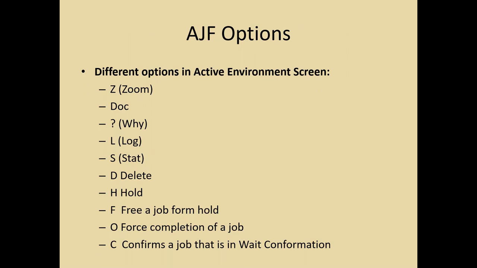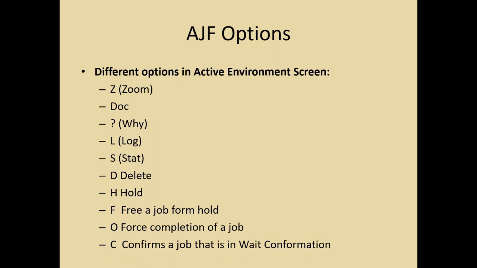So from here, all the important commands which we use in option 3 are explained. Okay, Z stands for zoom. What is zoom? There is a job called job A in option 3.